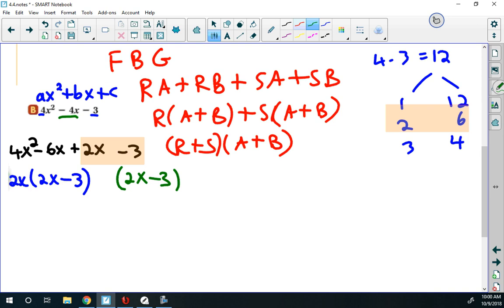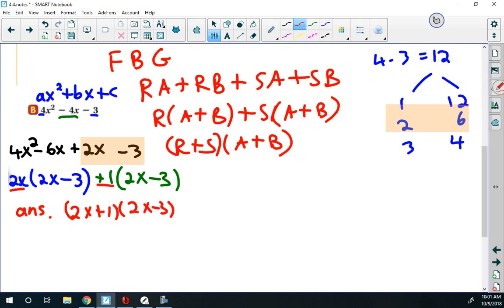A 1. It's a positive 1. So then my answer would be what? 2x plus 1. So this coefficient and this coefficient make up one binomial when placed side by side. And the other binomial is that one that shows up twice.